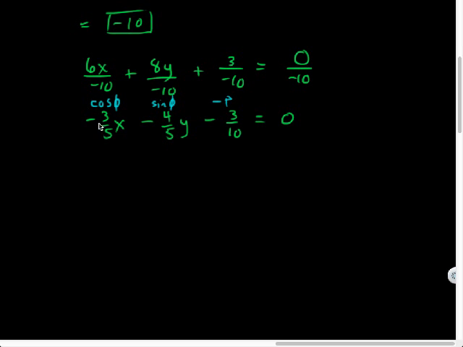So if I want to figure out what phi and p are, I could just solve this. Cosine phi is equal to negative 3/5, and sine of phi is equal to negative 4/5.